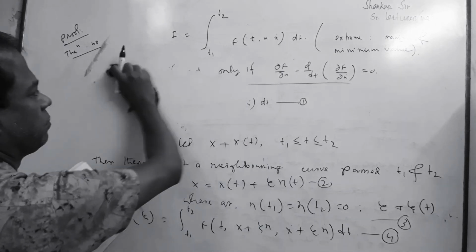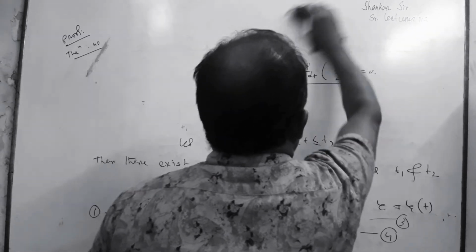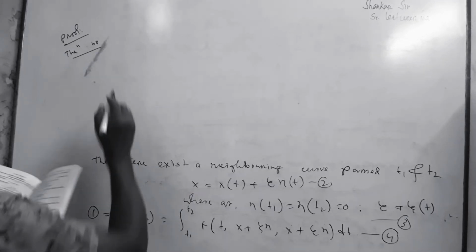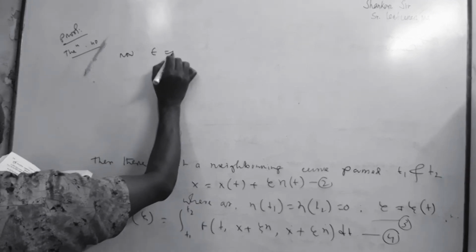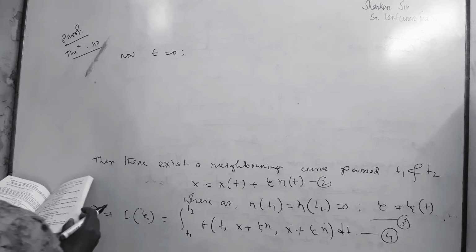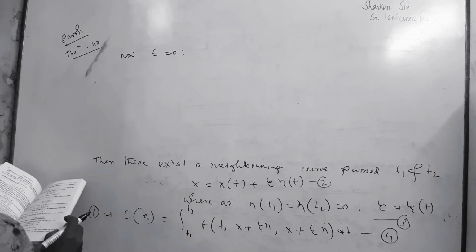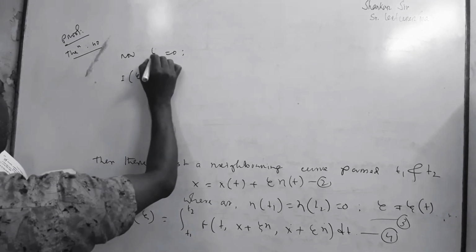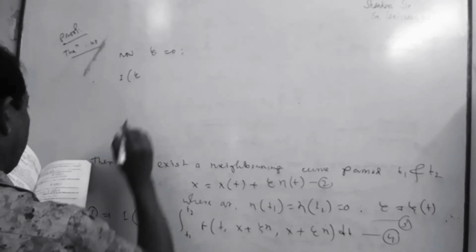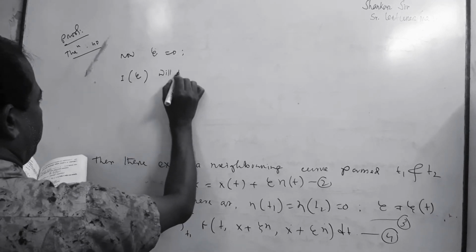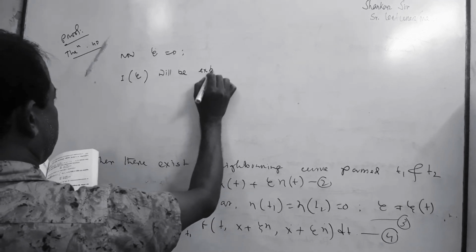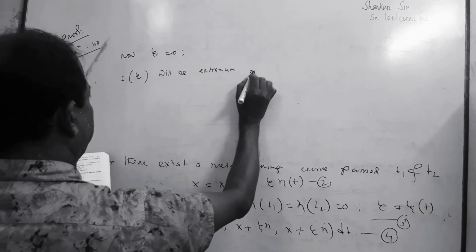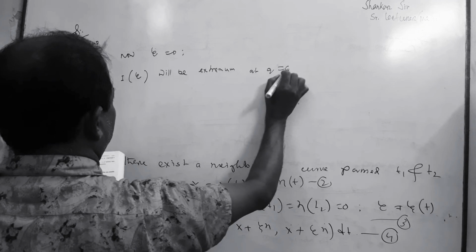Now, epsilon equal to 0. Then I will be an extremum at epsilon equal 0.